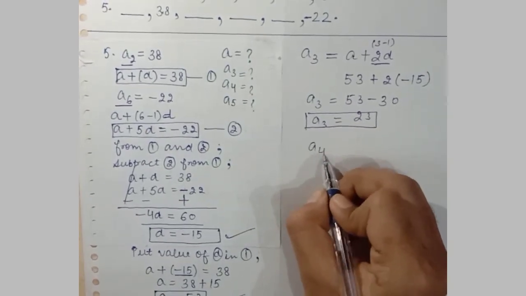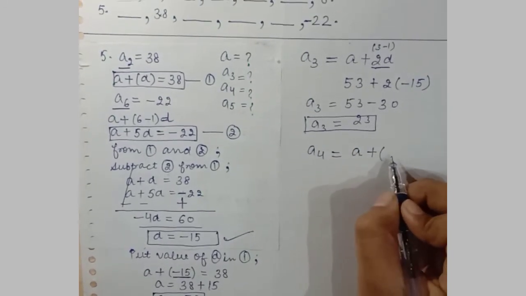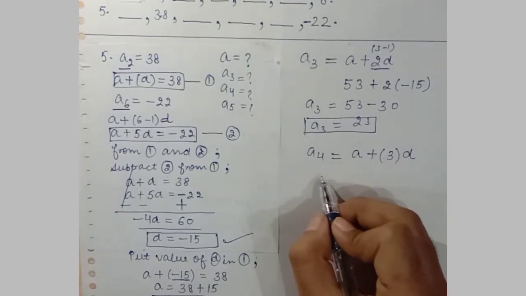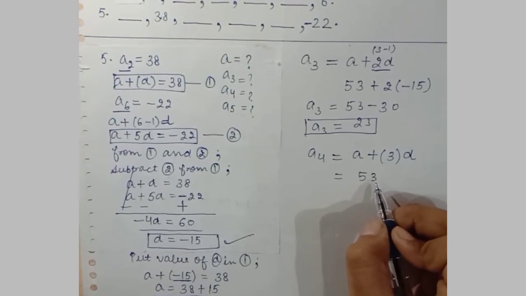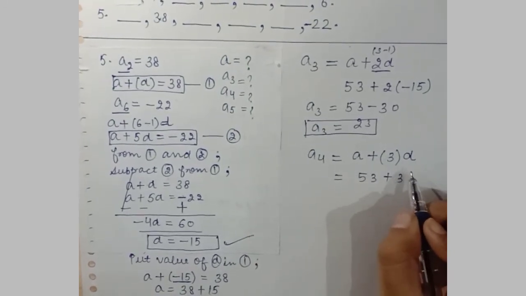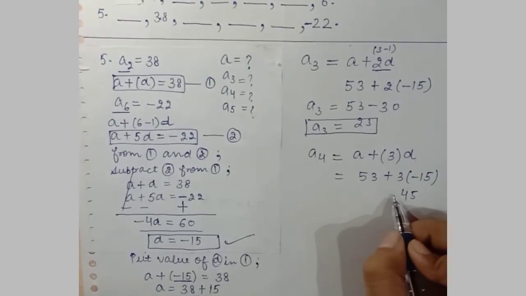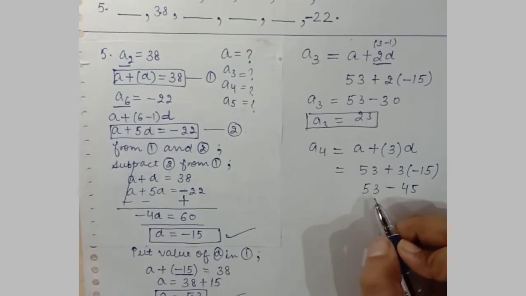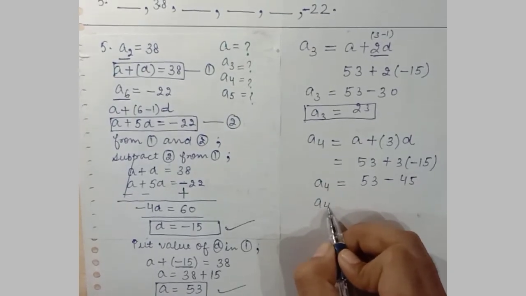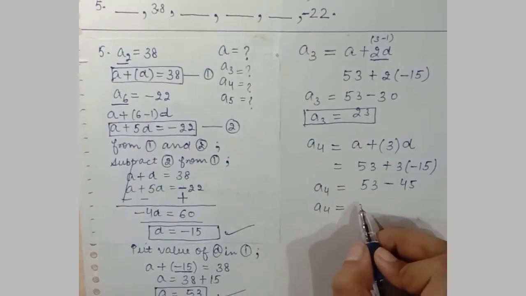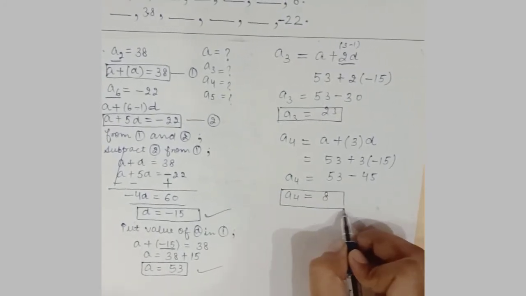For the fourth term, we write a4 as a plus 4 minus 1, 3d. A is 53 and d is minus 15. A4 is 8. Now our fourth term is 8.